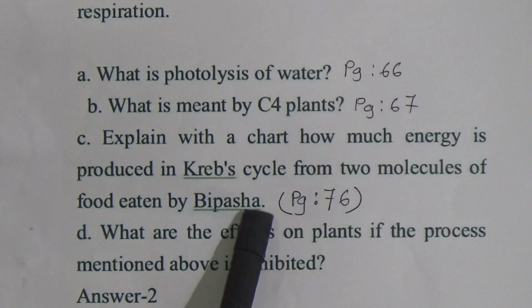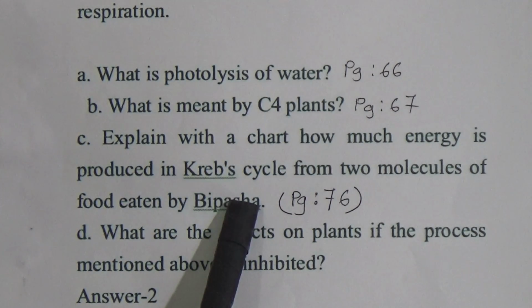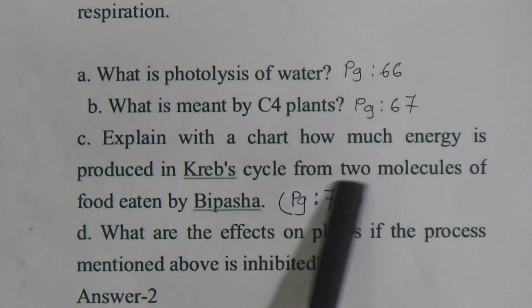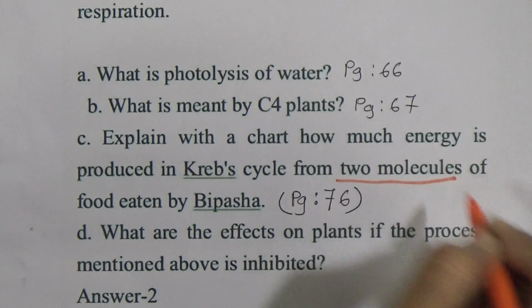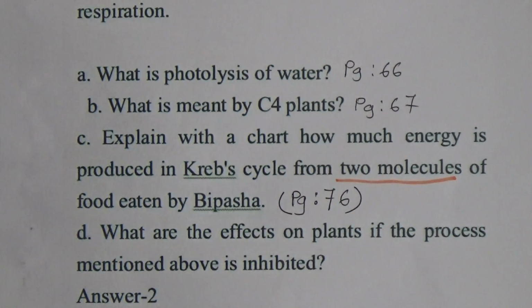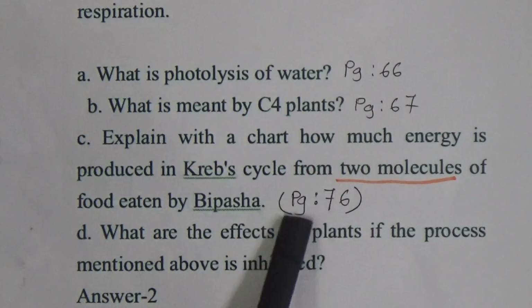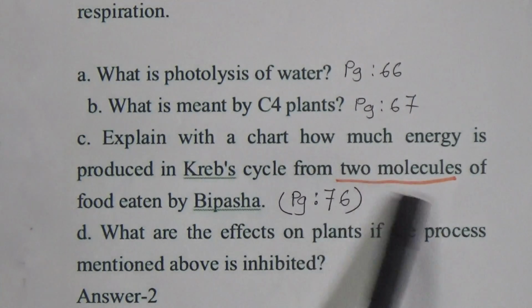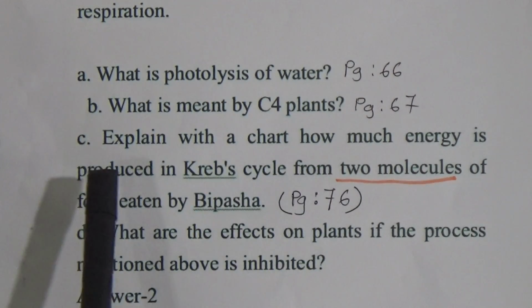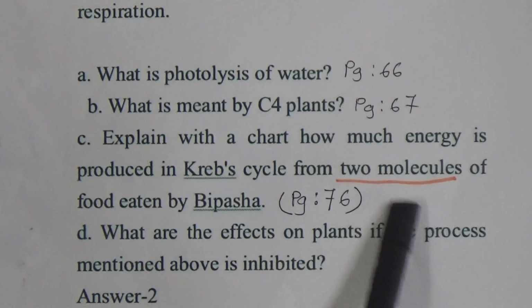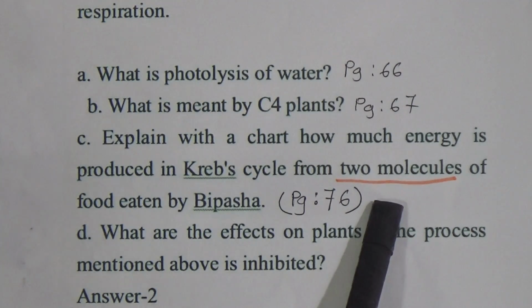You have to copy it, and after that a chart is given for 1 molecule of glucose, and here they said about the 2 molecules of glucose. When you write the answer, you have to multiply the product of Krebs cycle by 2, then we will get how much energy Bipasha can obtain from the 2 molecules of glucose in the Krebs cycle.